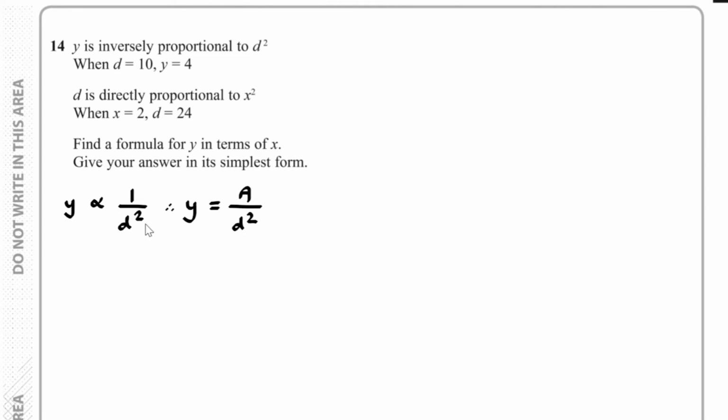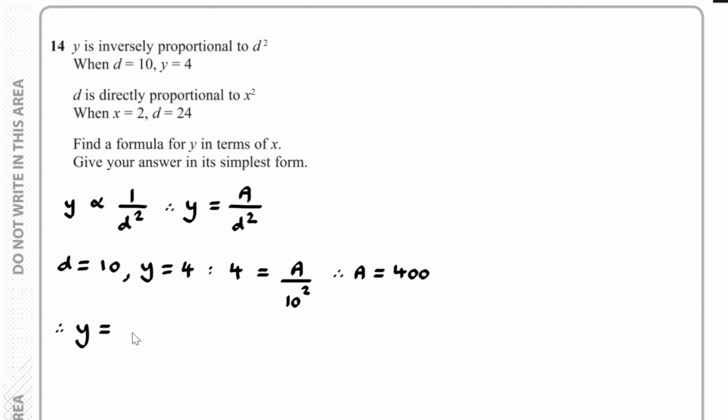And we can find out the value of a by using the condition d equals 10, y equals 4. 4 equals a divided by 10 squared, and so therefore a is equal to 4 times 100, which is 400. And knowing that, we can see then y is equal to 400 divided by d squared.